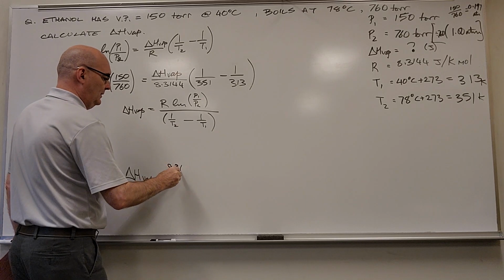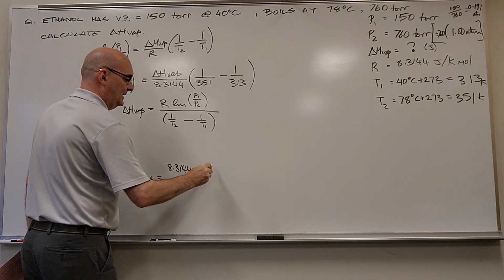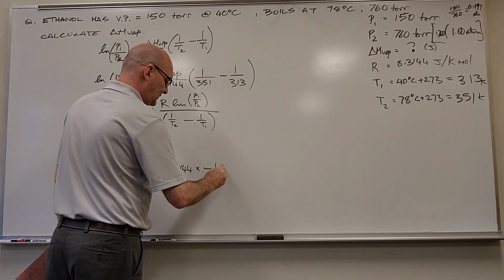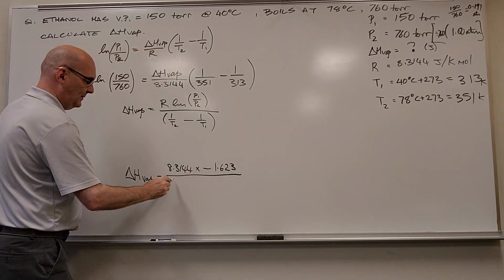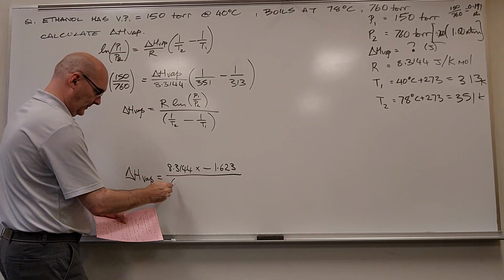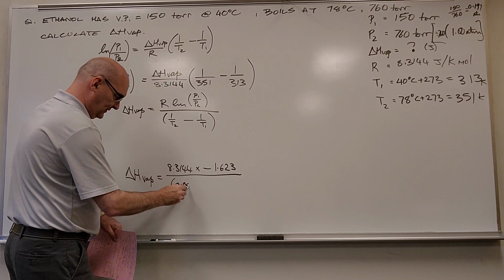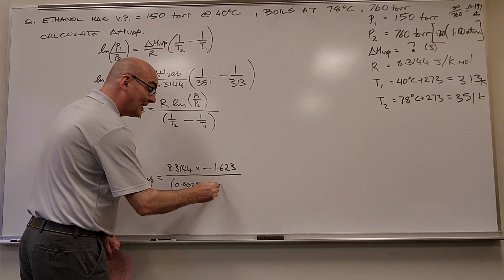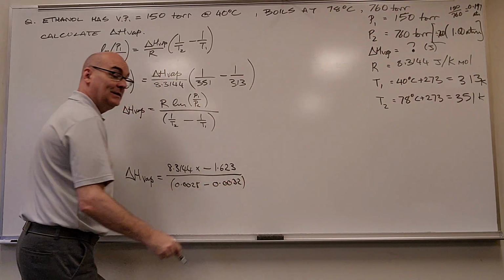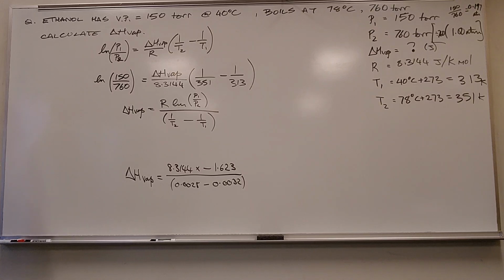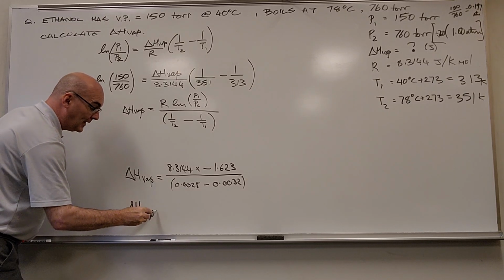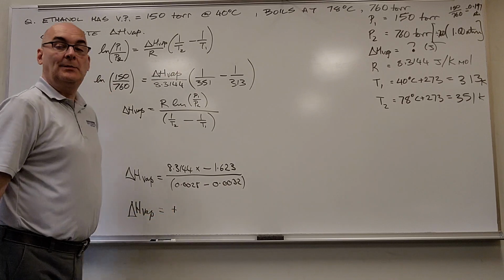So I've got 8.3144 multiplied by negative, what did I say, 1.623, all divided by 0.0028. It's a small number, and then I'm going to subtract from it a larger number. There you go, so that one's going to go negative. And those negatives will cancel each other out.